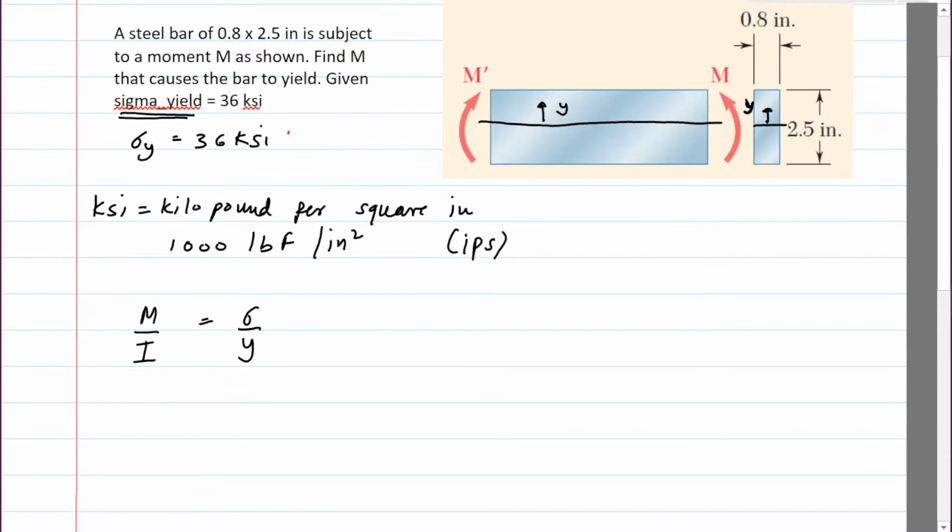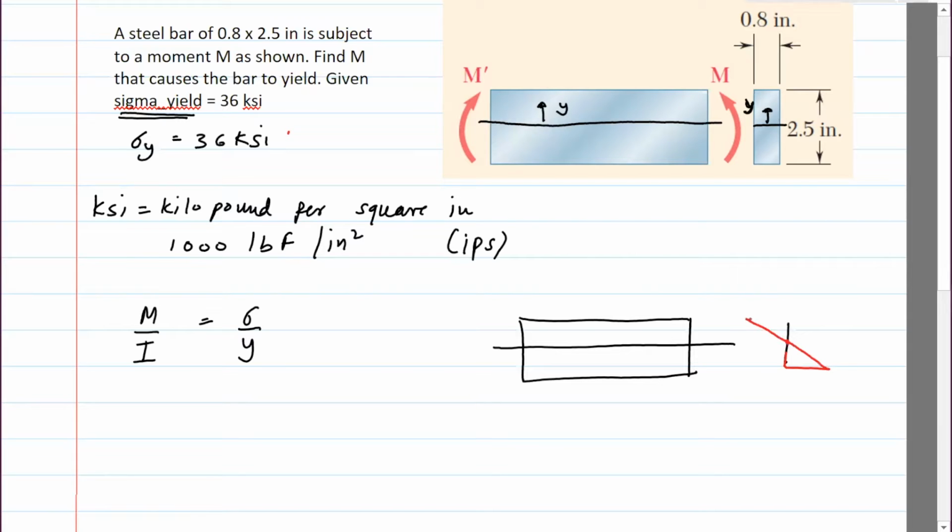Now, as I said, if you have a bar and it's subject to a moment as shown, then you will see that there will be maximum tension in the bottommost layer and maximum compression in the topmost layer. So there's another way of writing this. This is sigma max and sigma min, negative here and positive here.